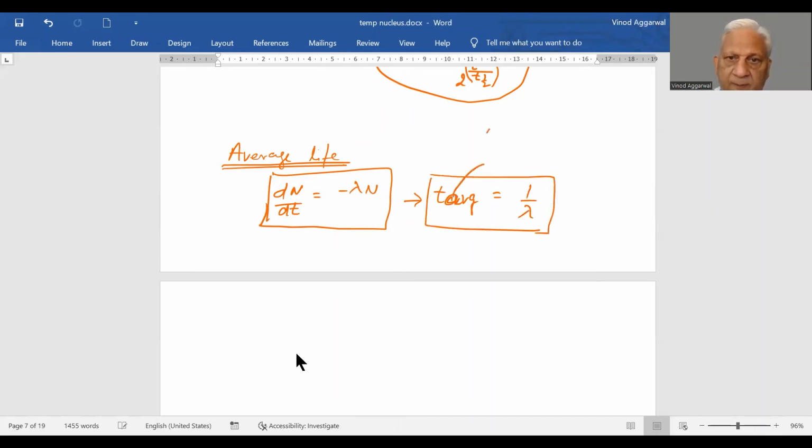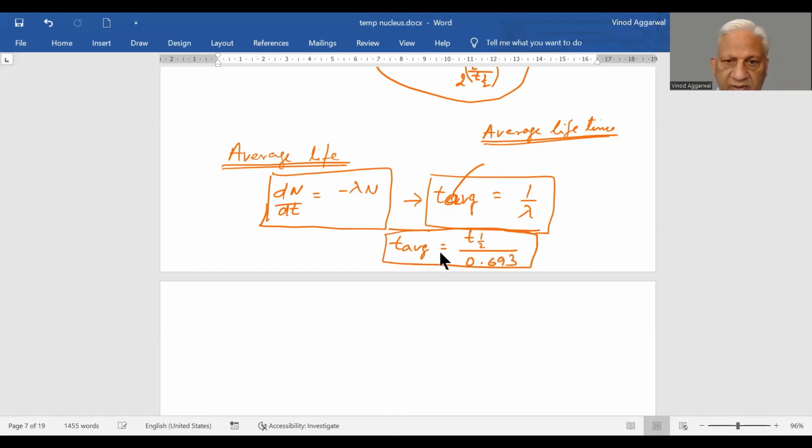T average is the average lifetime. So T average is also given as this, which is a more convenient form in terms of half-life. Average life can be given in terms of half-life by this formula.